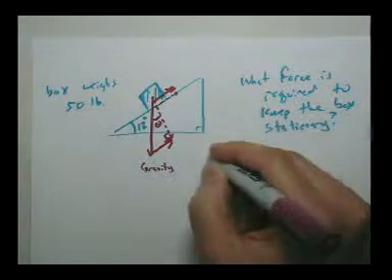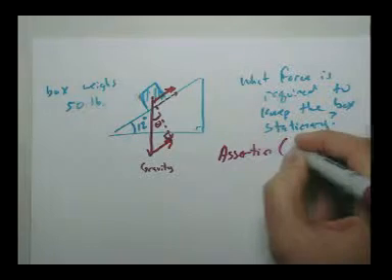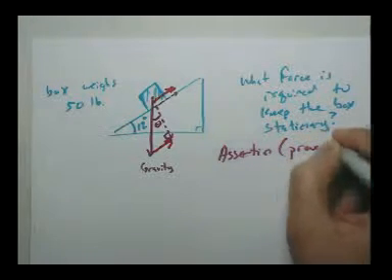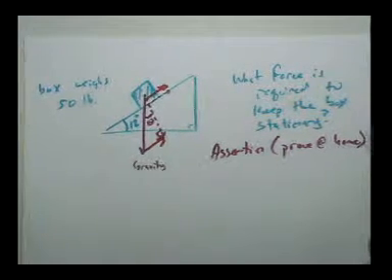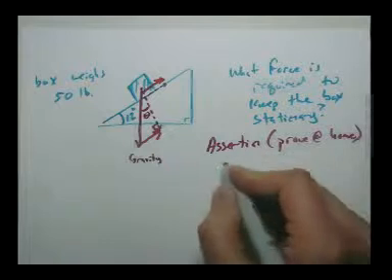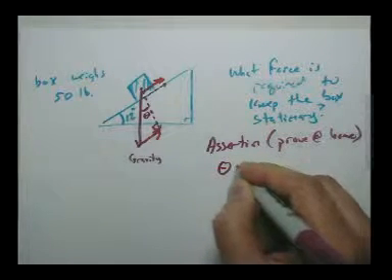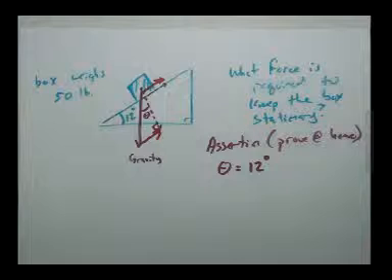And I'm going to make an assertion here. And I want you to go and justify this at home. And my assertion is that theta is exactly equal to the incline of the plane, the incline of the ramp.